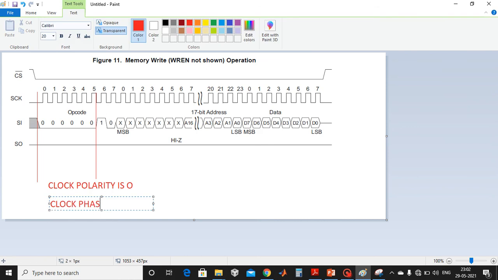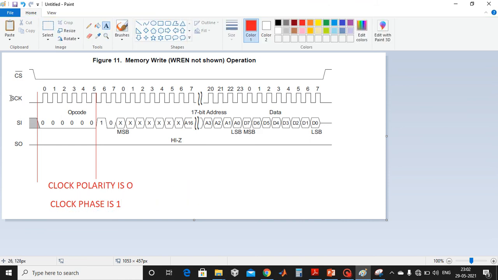Clock phase is 1 because the clock and data both are not in phase. They are out of phase with each other. Clock is delayed and data is advanced.